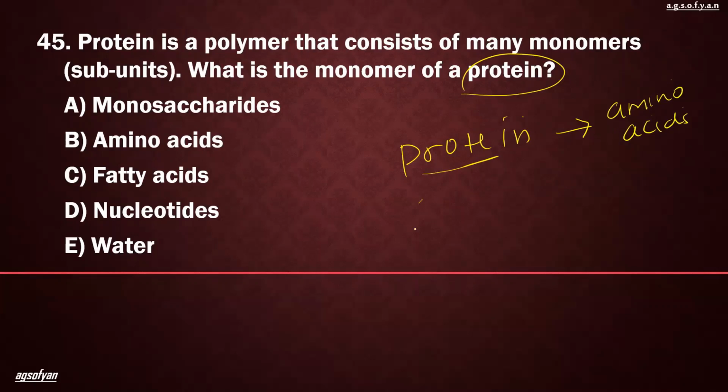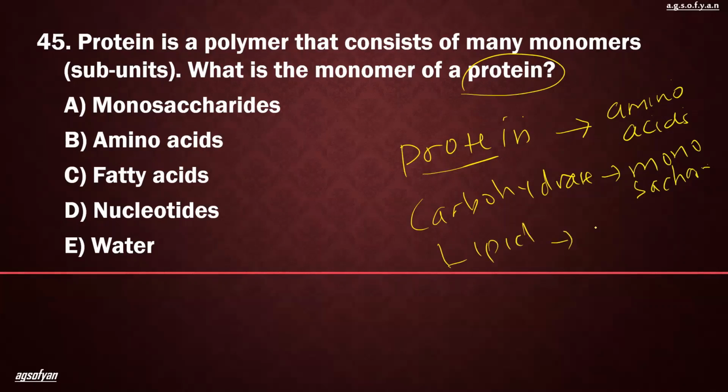Protein is amino acid. If it is carbohydrate, then the monomer is called a monosaccharide. If it is fat or lipid, then the monomer is fatty acid. Okay, memorize that.